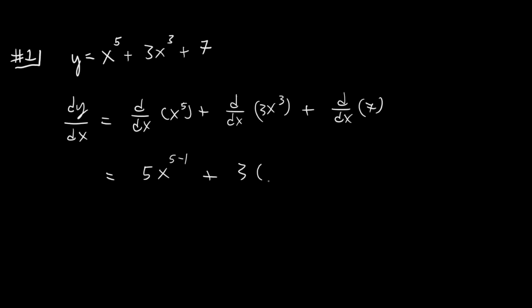The derivative of x cubed is 3x raised to 3 minus 1, which is 2. So we have 3x squared. Then plus the derivative of a constant, which is 0. So our final answer is 5x raised to 4 plus 3 times 3, 9, and 9x squared. And this is our final answer.